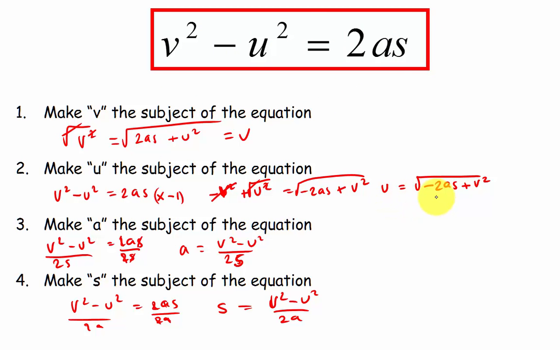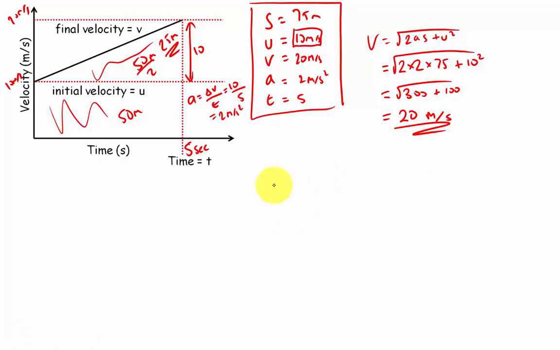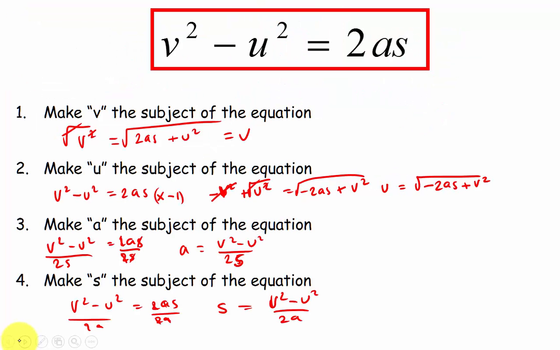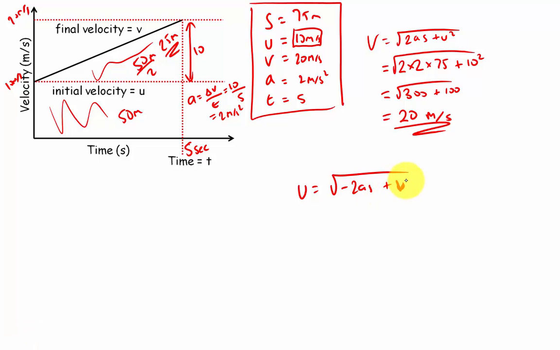u is equal to the square root of minus 2as plus v squared. I get the u's and the v's mixed up because my handwriting's terrible. Bad handwriting costs marks. So u is equal to the square root of minus 2 times acceleration, which is 2, times 75, plus v squared, and that's 20 squared.